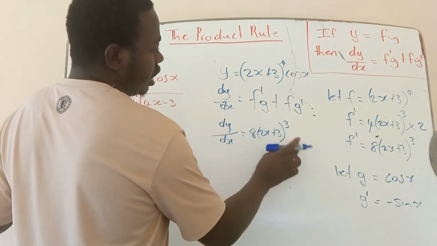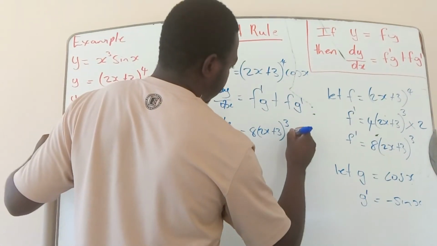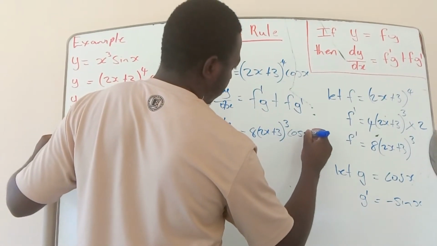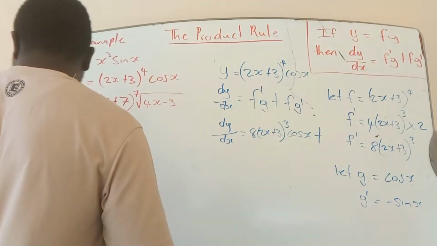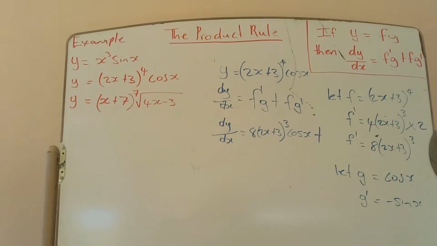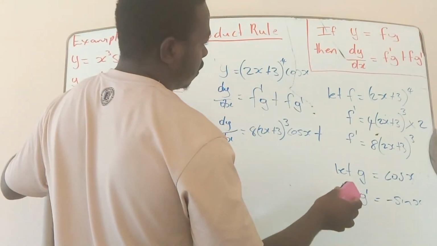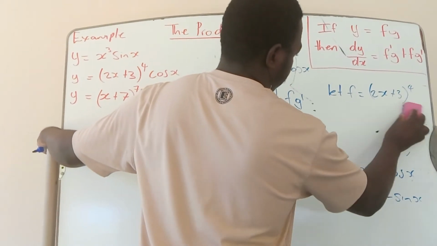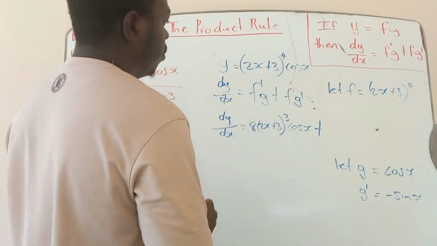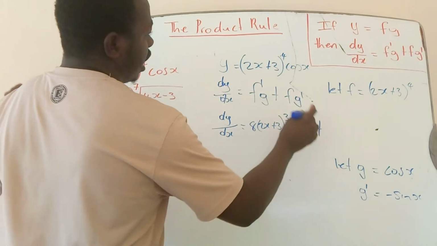Times the g function, and the g function here is cos x, so it's times cos x, right? Plus the f function.